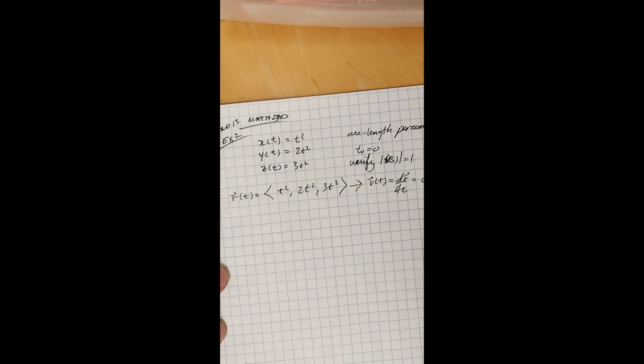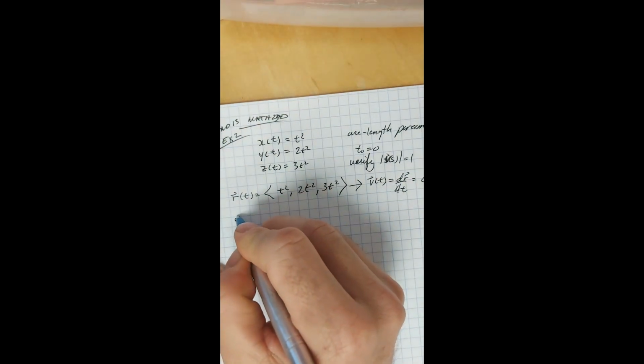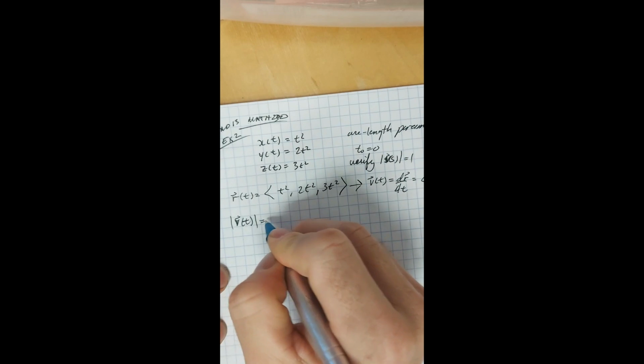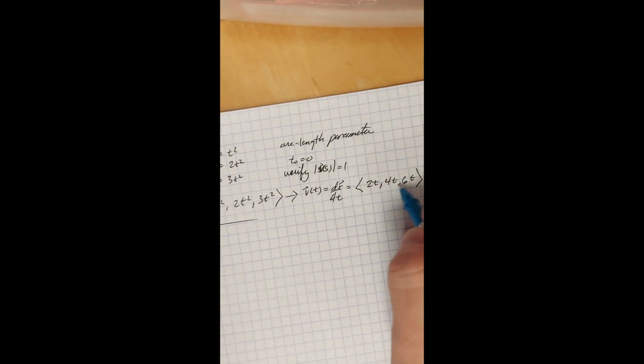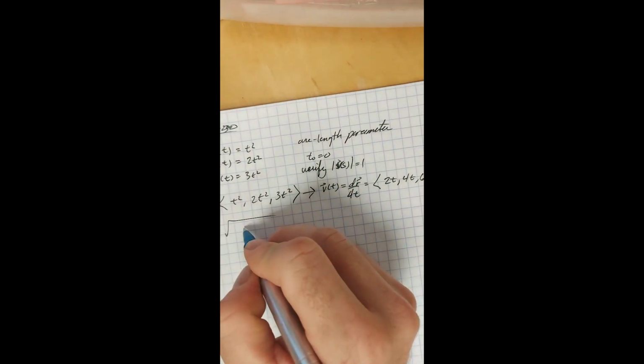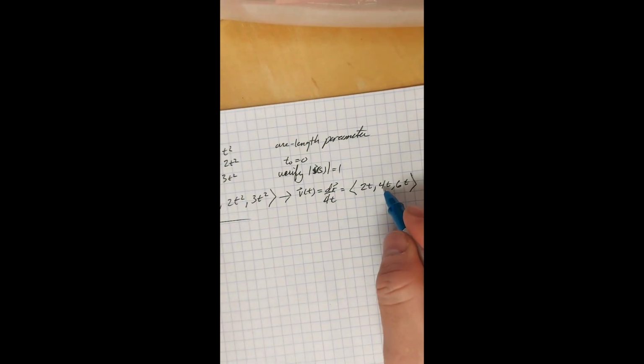Okay, finding the magnitude or the length of this, v of t is equal to the square root of, I'm dotting this with itself. So you can see I'm going to get a 4t squared, a 16t squared, and a 36t squared.